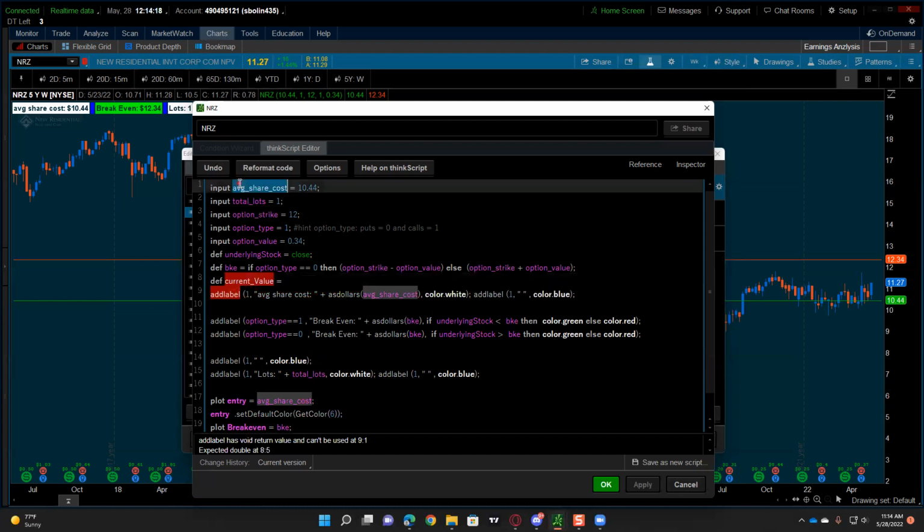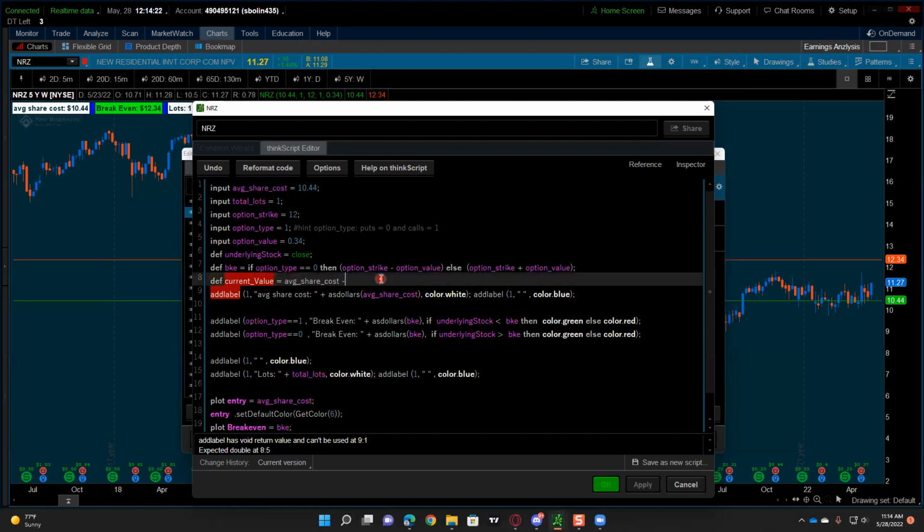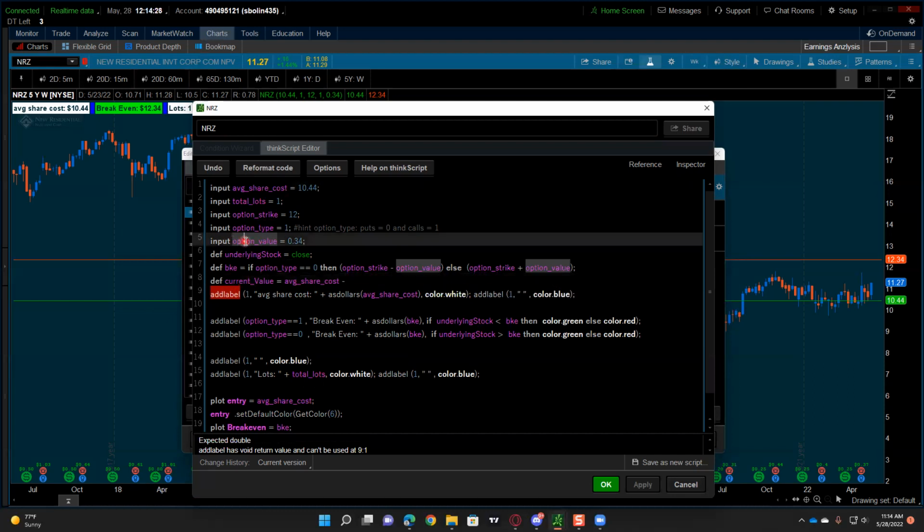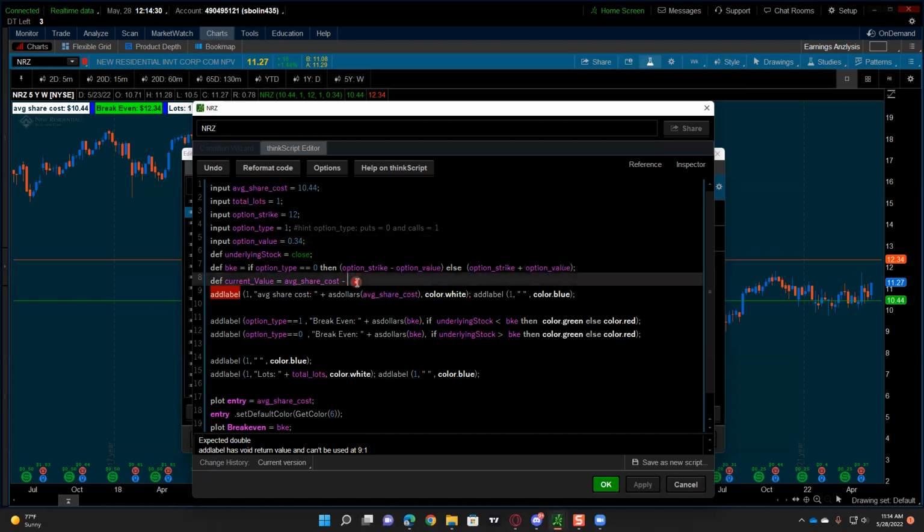So our current value would be our average share cost minus the option value.